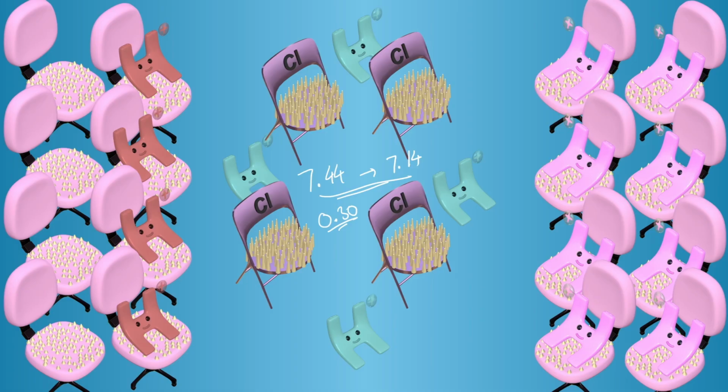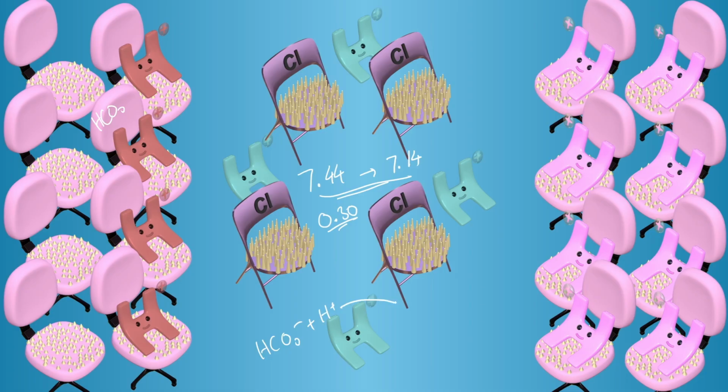So the situation here is that the HCl was added here. The HCl initially tried to decrease the pH drastically because it released free protons in water. But these empty chairs, which are basically HCO3 negative, picked up H positive.